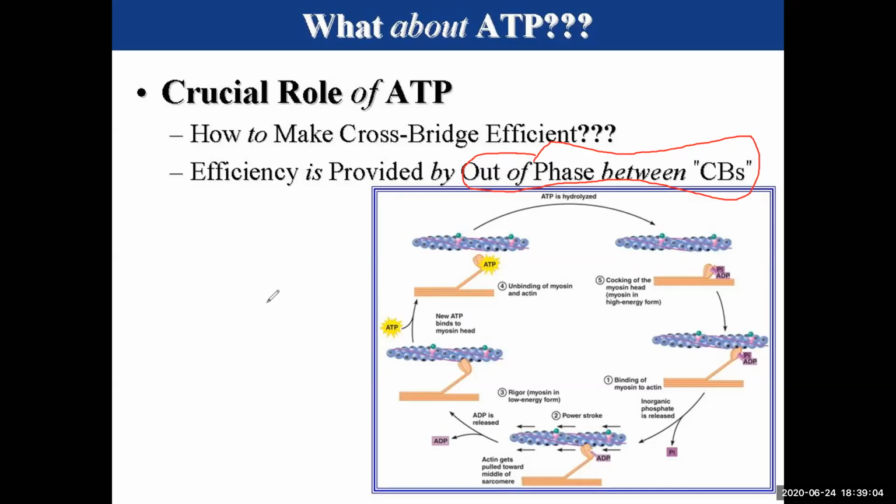So you cannot generate a smooth cross bridge formation throughout the available time. By doing out of phase cross bridge formation, you get much more efficiency from the same energy, yet generate a longer duration of cross bridge formation. So you can generate much more tension over a longer period of time using the same amount of energy.